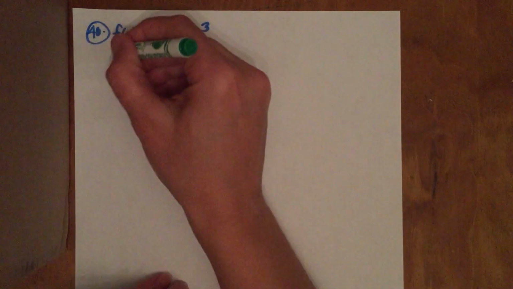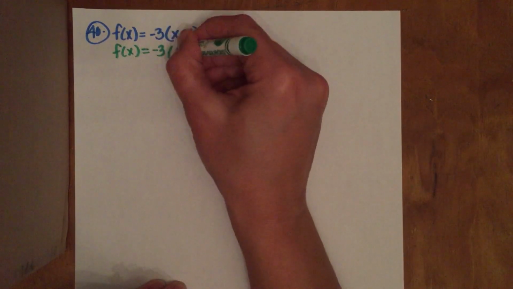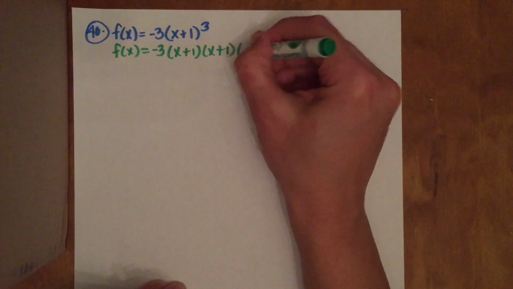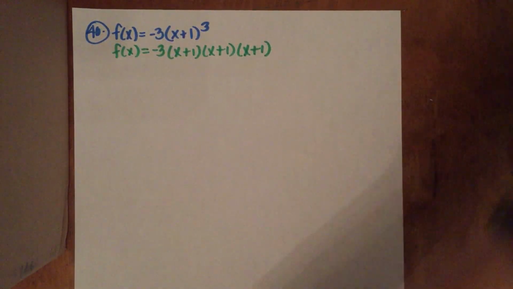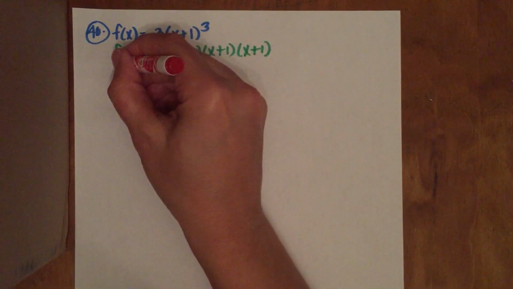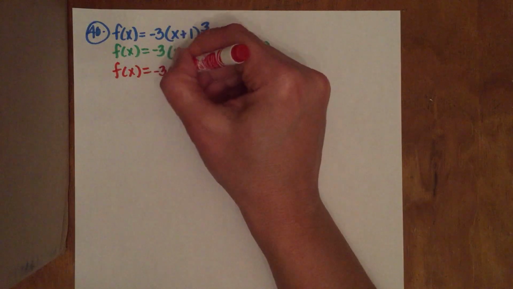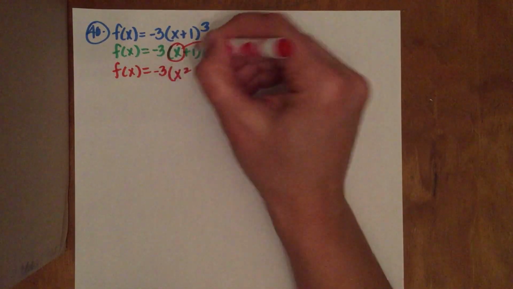So the first thing I'm going to do is write it out expanded with all the factors. So that'll be negative 3 times (x plus 1)(x plus 1)(x plus 1). And then I'm going to multiply. So my next step is f of x equals, the negative 3 stays. X times x is x squared.